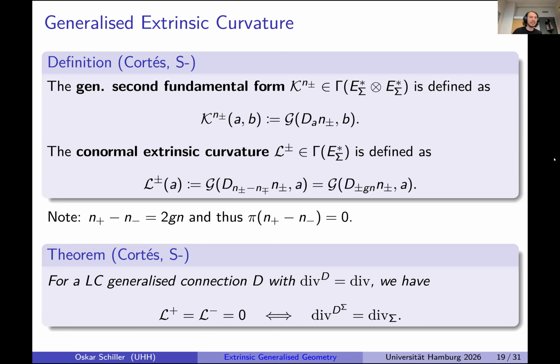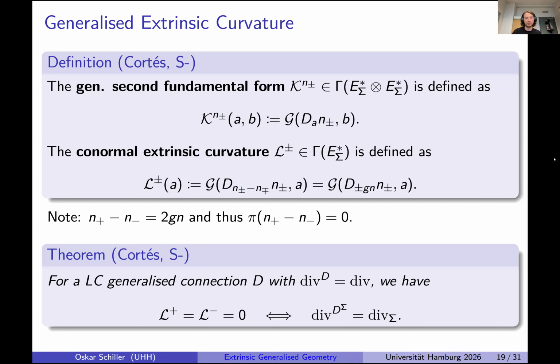So to immediately answer the question, what the relevance of the conormal extrinsic curvature is. If you want to have an interpretation for it, what we prove is that for a Levi-Civita generalized connection which is compatible with a given divergence operator, the vanishing of these conormal extrinsic curvatures is equivalent to the compatibility of the induced divergence operators over the hypersurface.